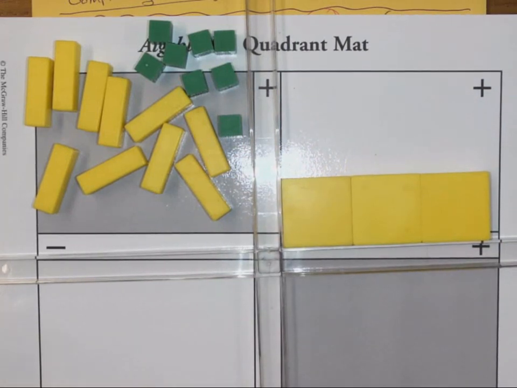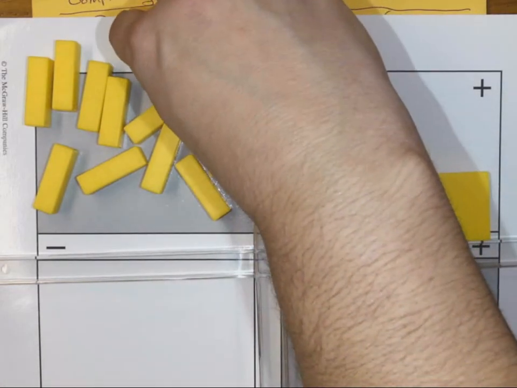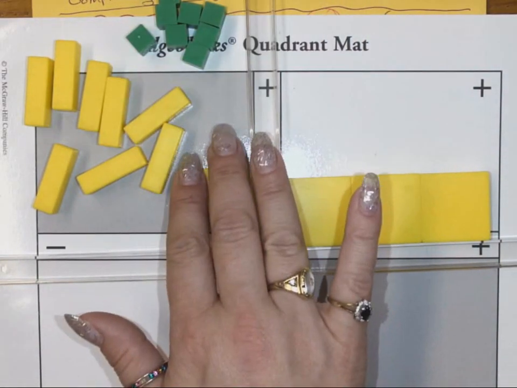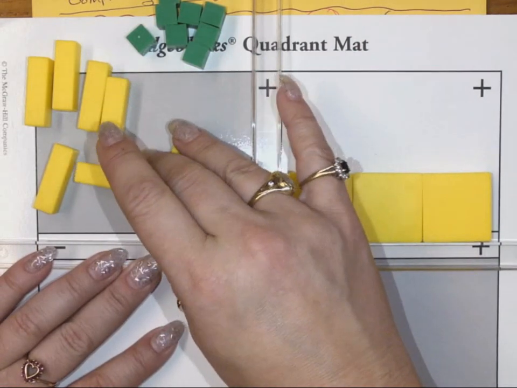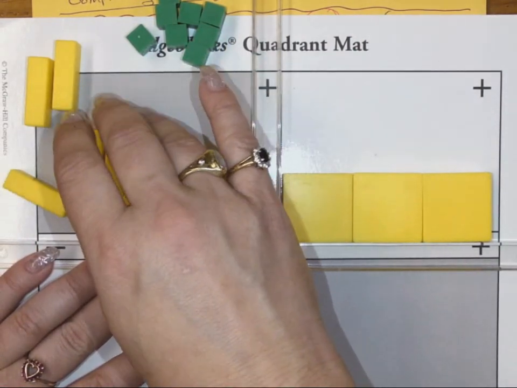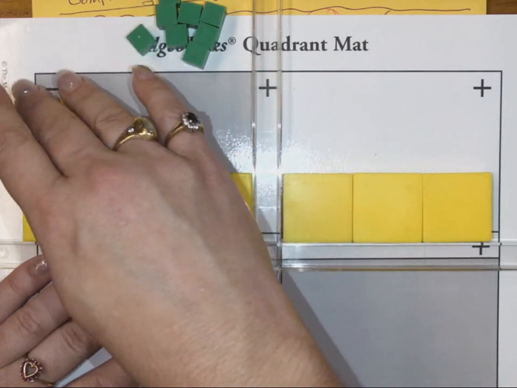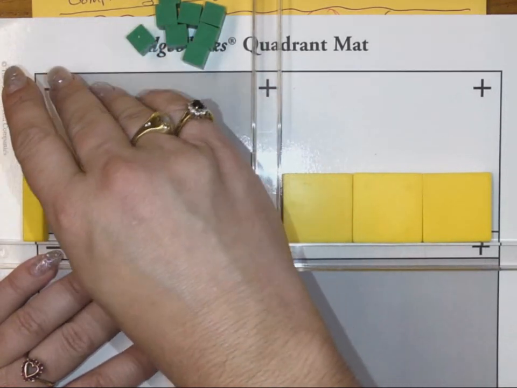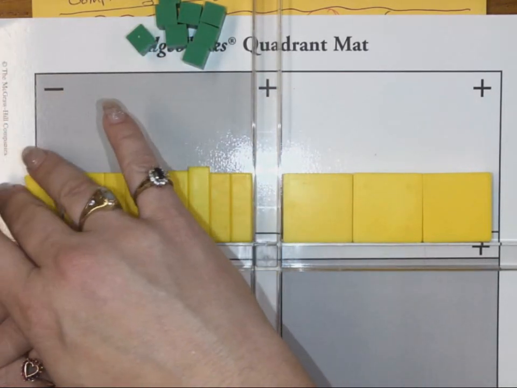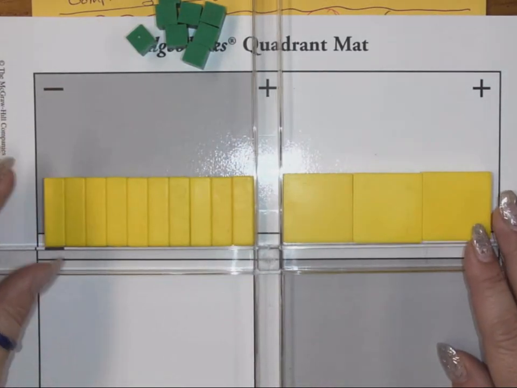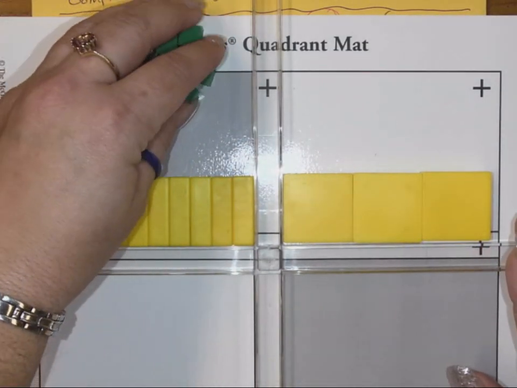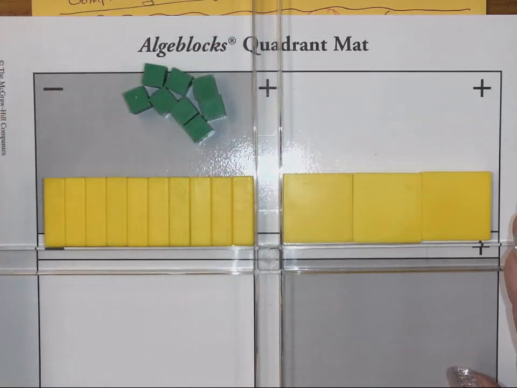Okay, and then I think, okay, well, I've got negative 12 here. Oh, sorry, it was 10, not 12. Negative 10. Okay. So I could line them up just like that. But then these guys need to be negatives also, right? So I'm like, okay, dang it, this is a problem.